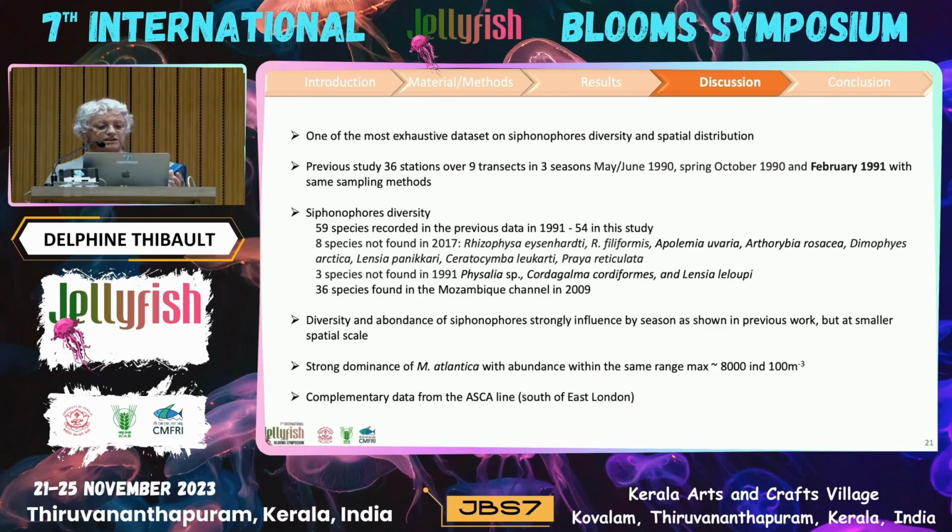So the diversity and abundance of siphonophores are seasonally variable, linked with the currents on the Transkei Shelf, and there's a strong dominance of Muggiaea atlantica in the Agulhas current.